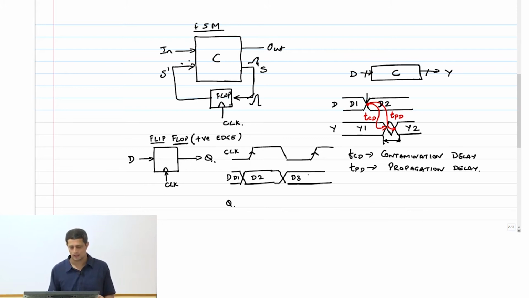Or I'll make it more interesting. This thing makes a very quick transition: D2, D3 and then D4. So what should happen? What is the expected behavior of a flop is what we are looking at.